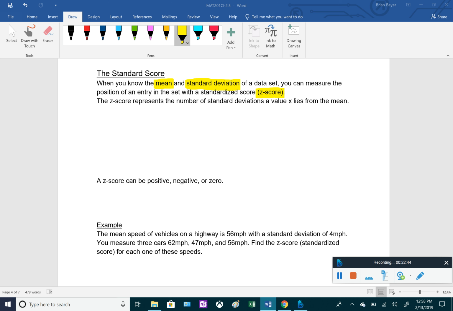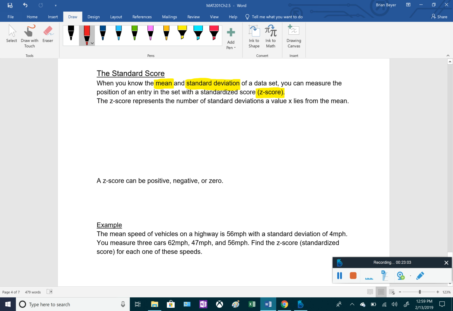This is going to be coming up a lot more in later chapters, but we're just going to touch on it for right now. The Z-score represents the number of standard deviations a data entry X is away from the mean. That's very important so we know what it actually means.